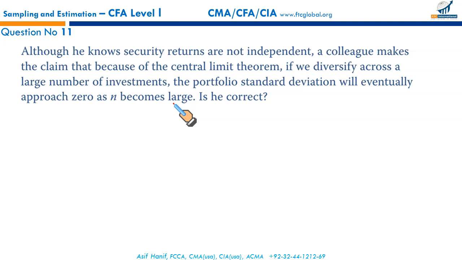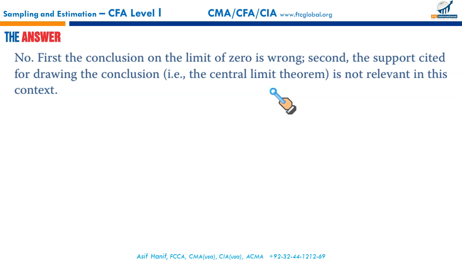Second, the support cited for drawing the conclusion, the central limit theorem, is not relevant in this context. Diversifying into a larger portfolio doesn't mean the standard deviation will eventually reduce to 0. And even if it does, it has nothing to do with the central limit theorem.